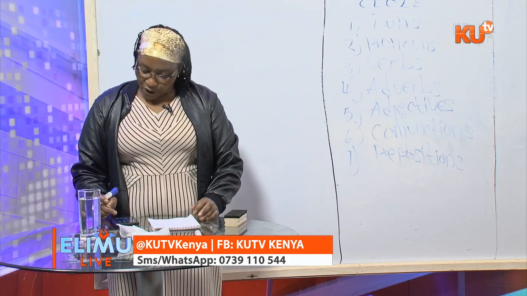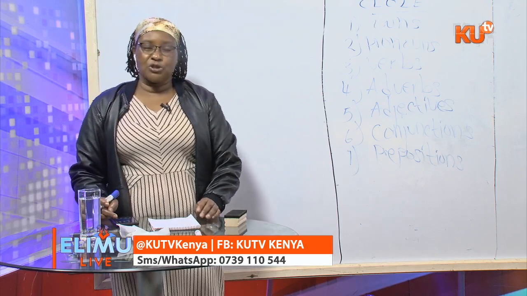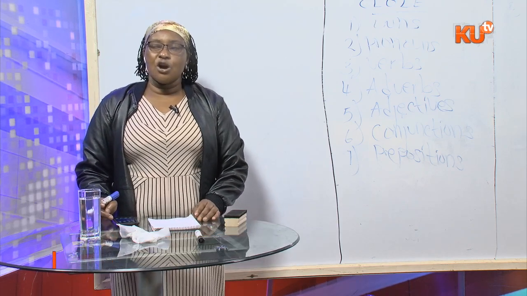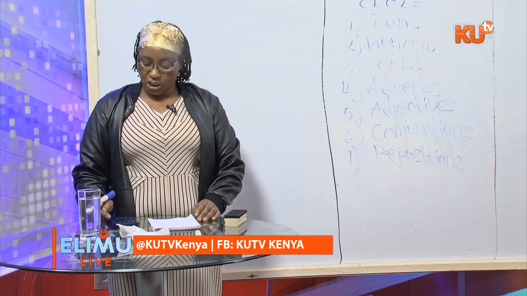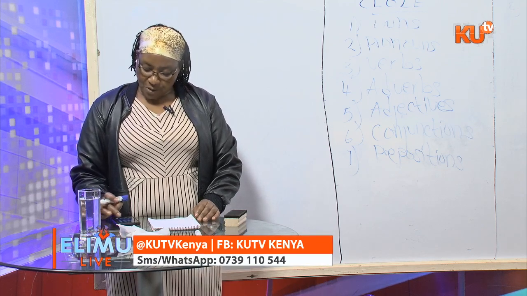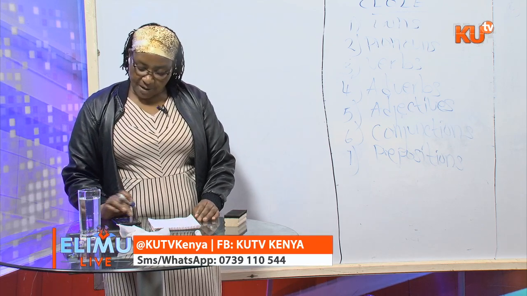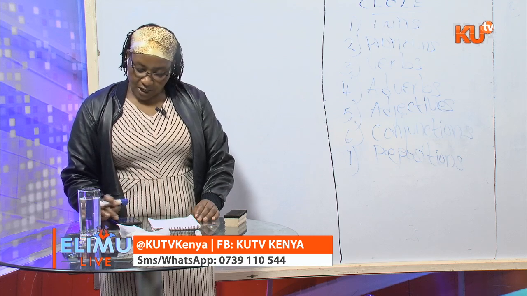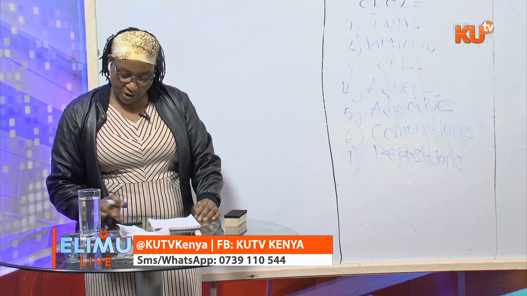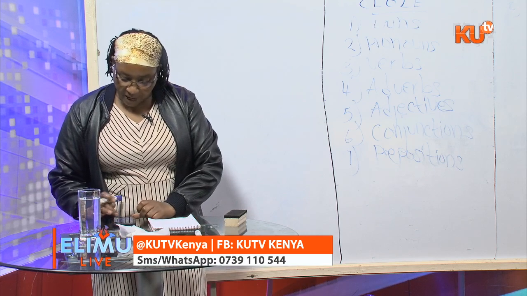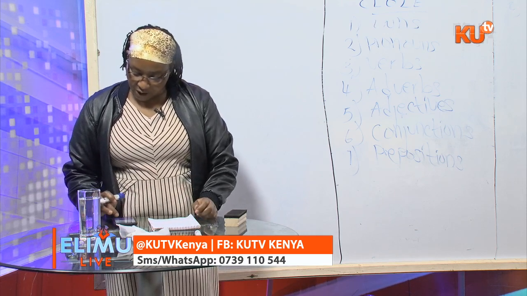Now I'm going to outline the topics or the themes which are taught right from class 1. I'll just read them out and you may get the topics later on, but for now I'm going to read the topics out.